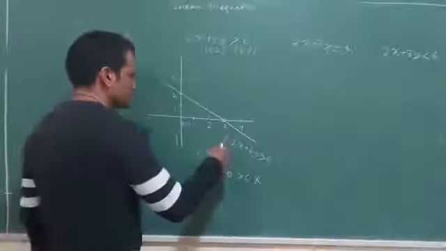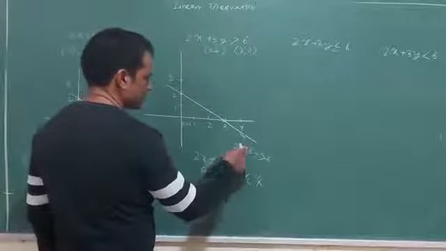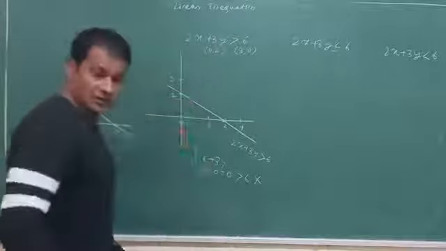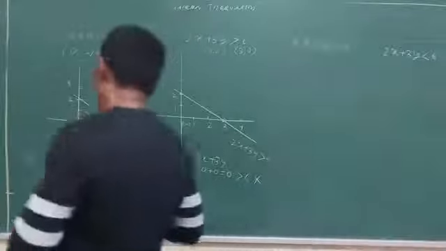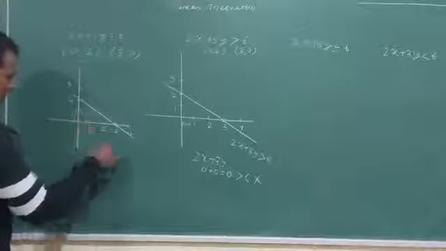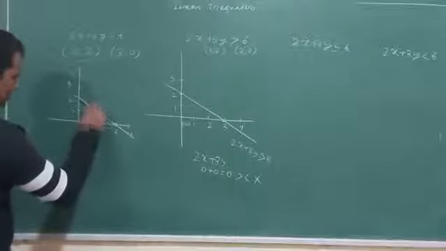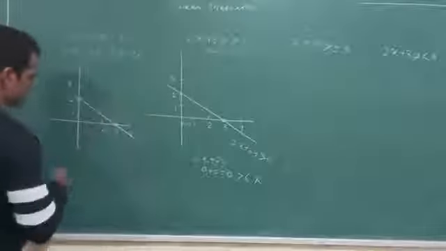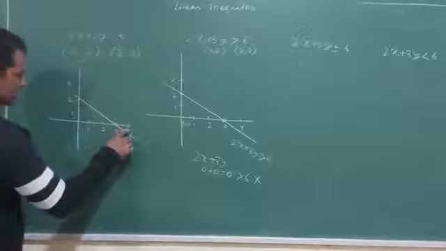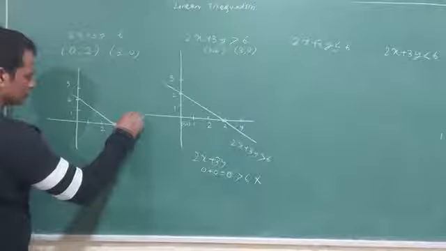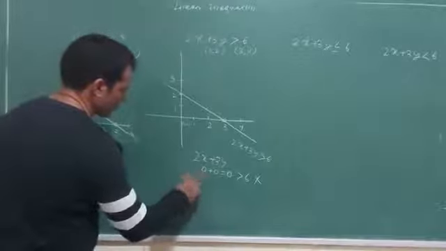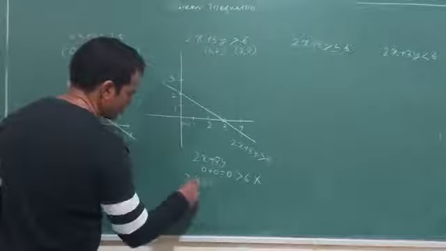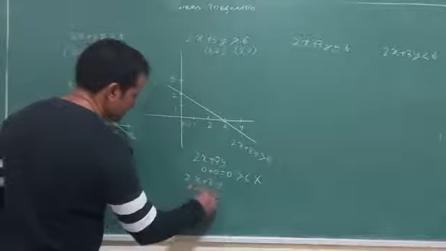If the origin satisfied it, the graph would come toward this side. Now the graph is going outward. If you take a point, suppose 4, 1, and replace it here: 2 into x plus 3 into y, 8 plus 3, 11.